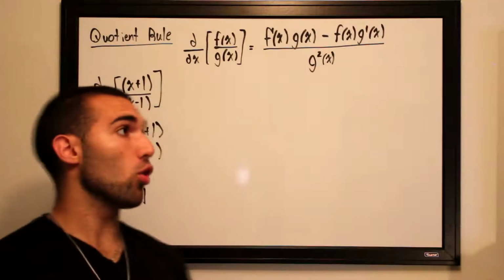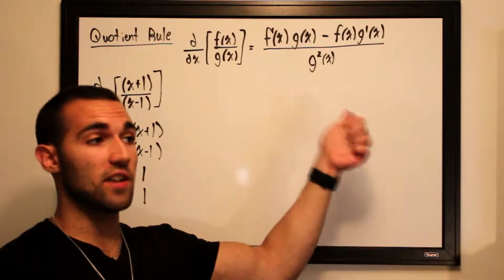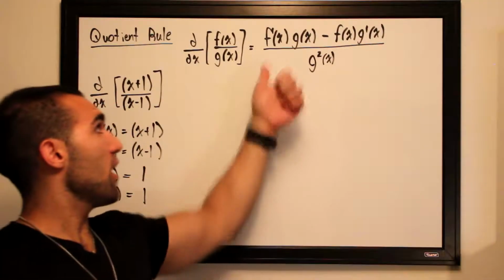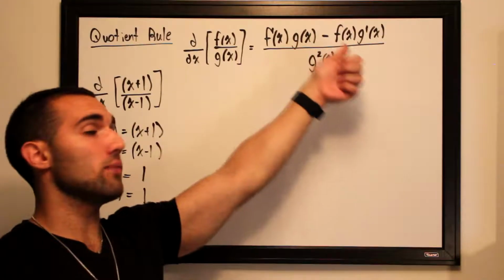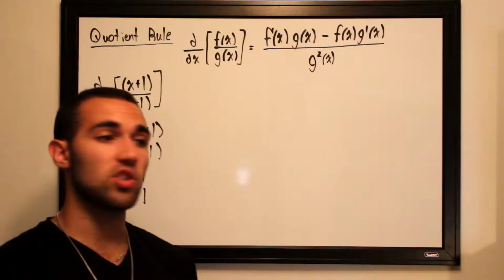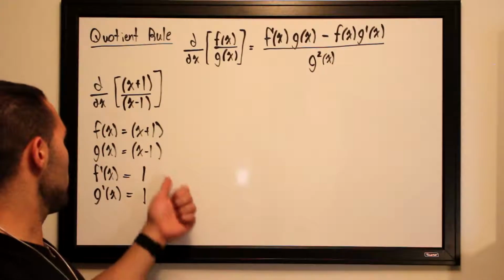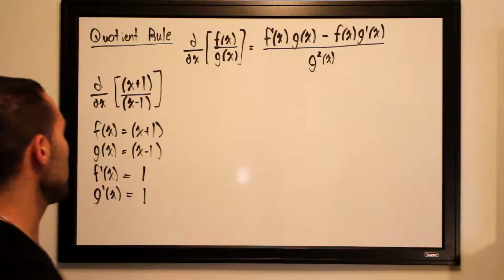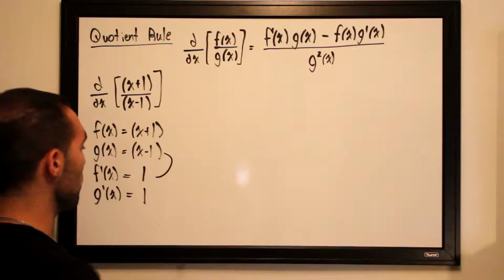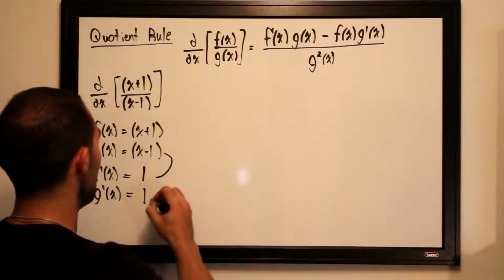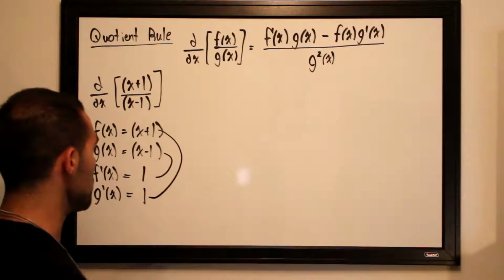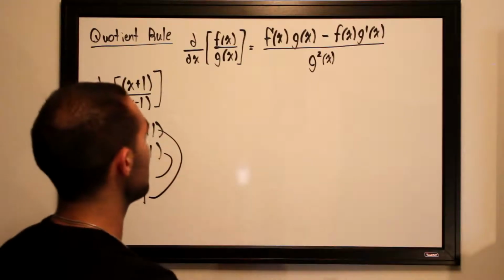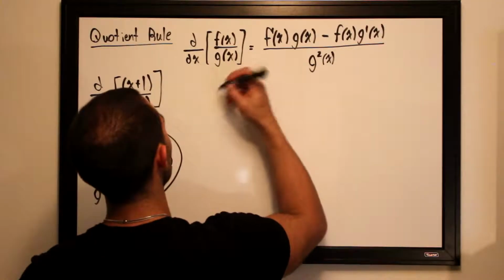And this calls for plugging things into the formula exactly as it's written right over here. We have f prime times g minus f times g prime, all of that divided by g squared. And essentially what that's going to look like is we will cross these just as we did in the product rule, so f prime times g, and then we will subtract off f times g prime. So we have 1 times x minus 1.